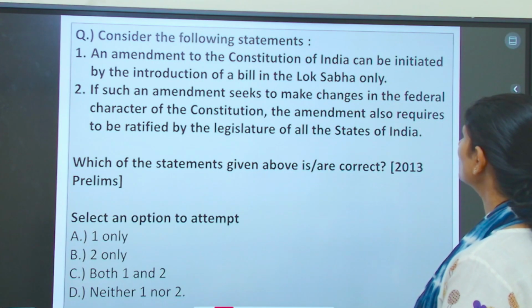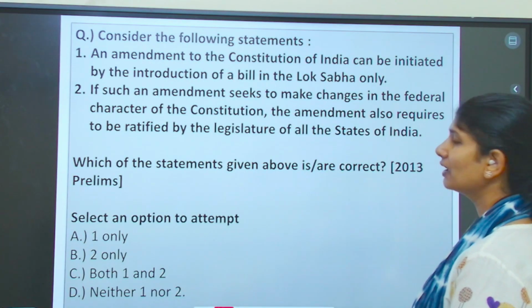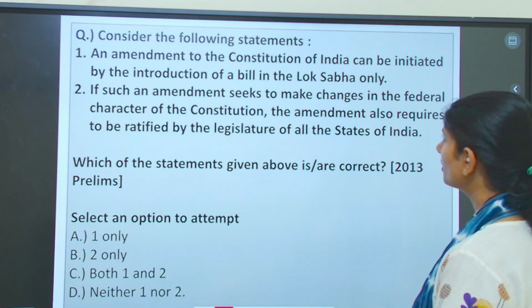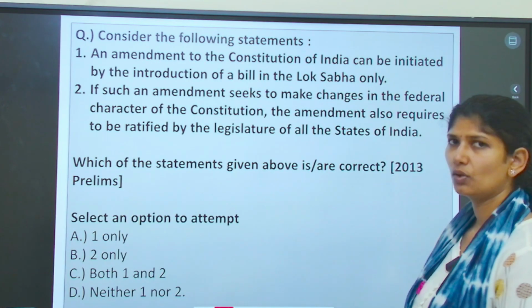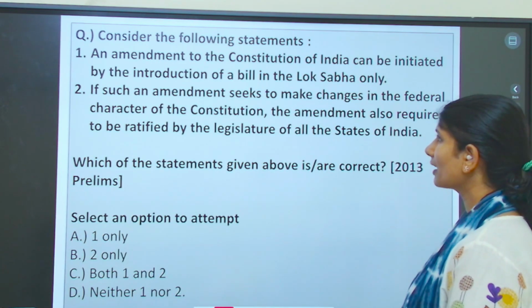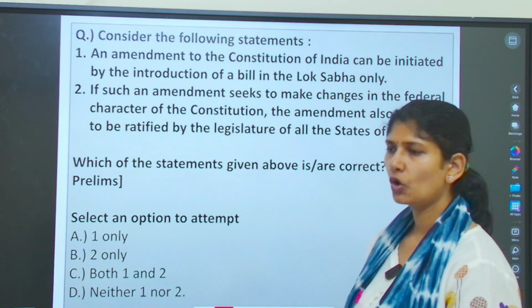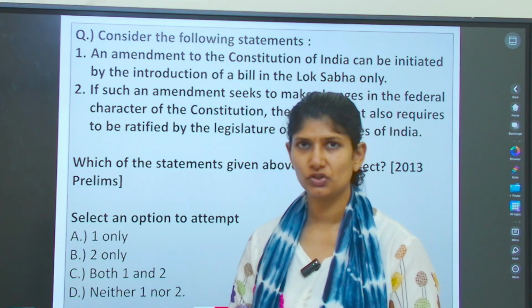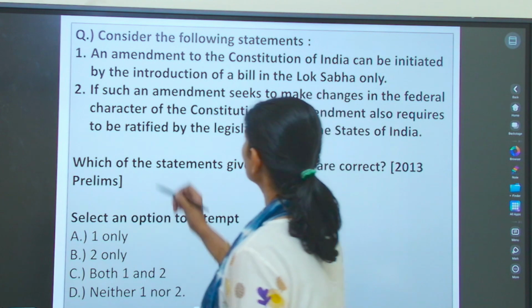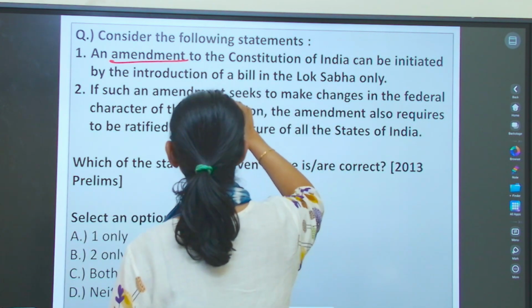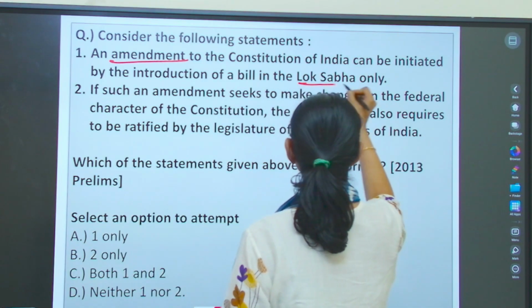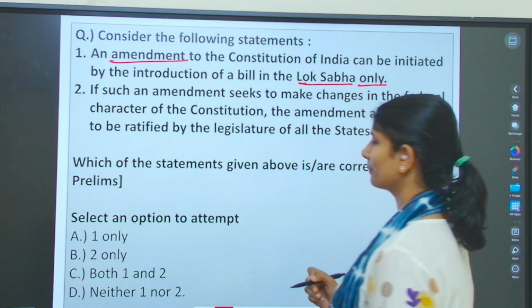An amendment to the Constitution of India can be initiated by introduction of a bill in the Lok Sabha only. Now, again, I told you, in these statements, look for keywords. What is the keyword here? They are telling amendment to the Constitution can be initiated by the introduction of bill in the Lok Sabha only.